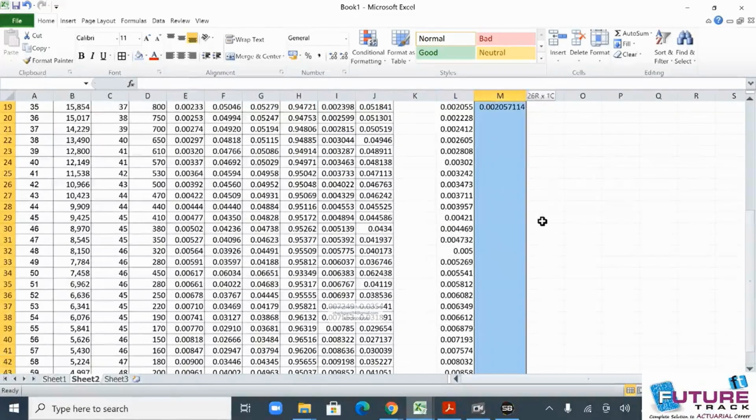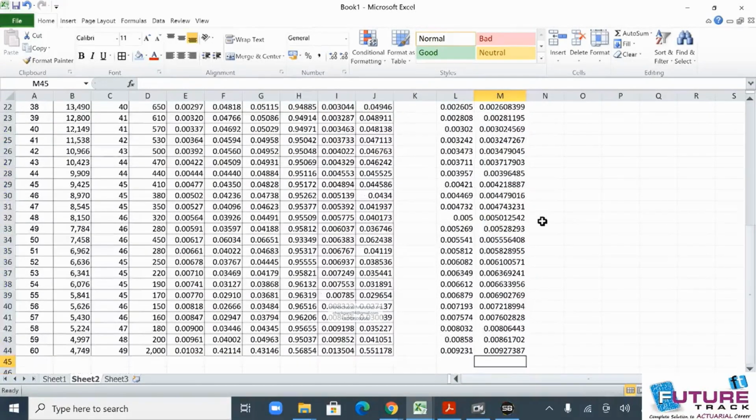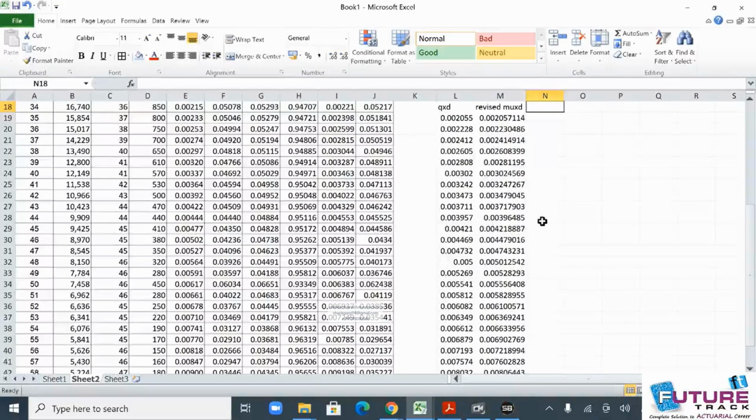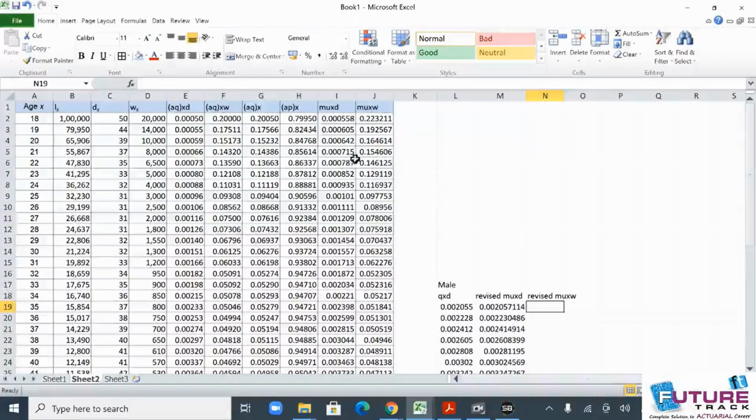Now select for all. Class, my revised mu xw remains the same. Whatever my mu xw is here, this is my mu xw for 35, right? So it remains the same. So it is J19. So I will write from J19. We get these values.